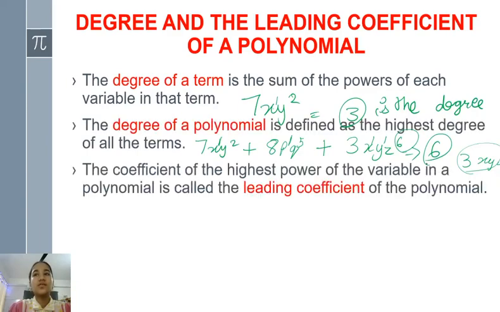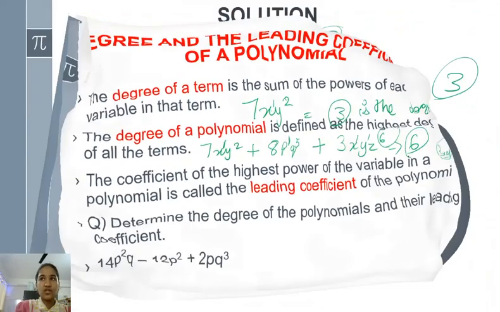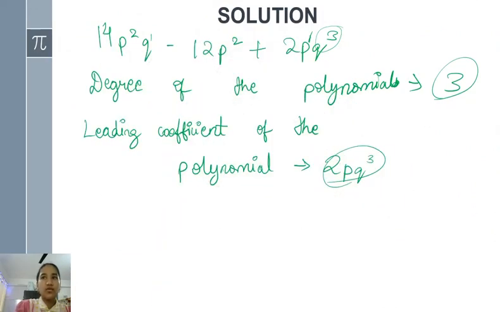Yes. So, actually, I was talking about the leading coefficient in my previous session. As I told you, what is the leading coefficient? Just keep in mind, I had told this to be the leading coefficient, right? 2pq cube.